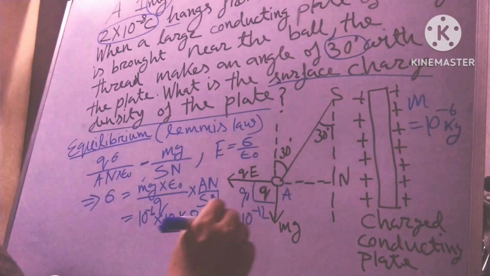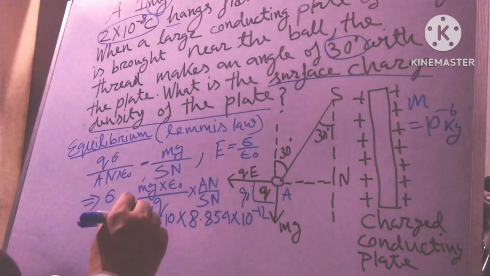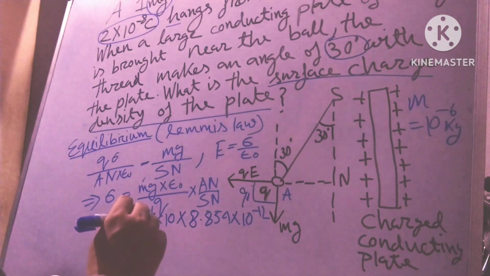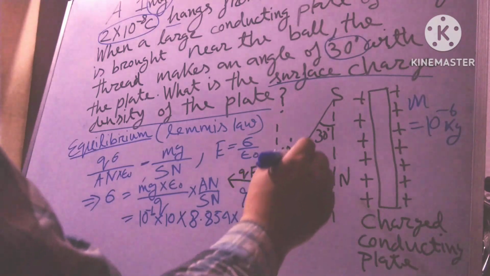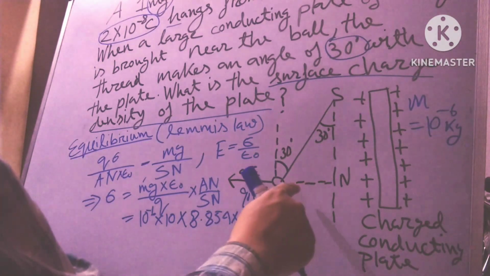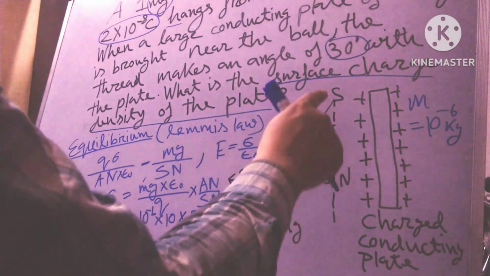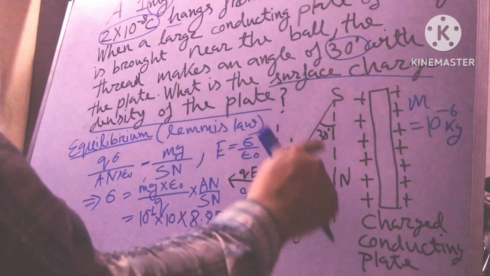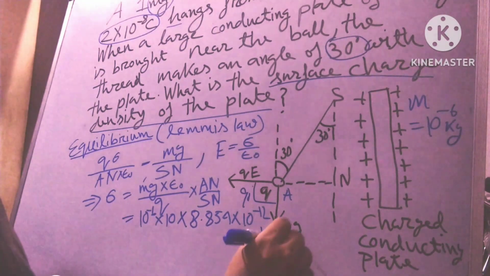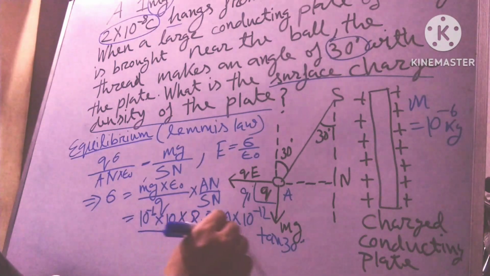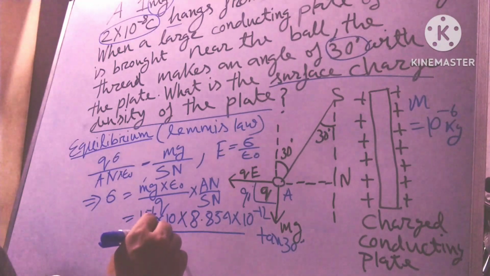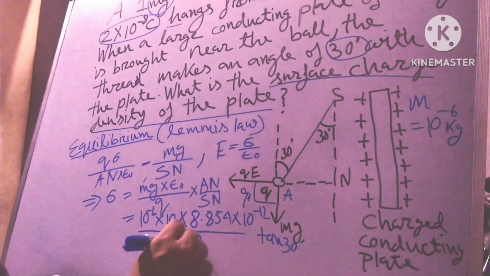This is my absolute permittivity value, and cos θ divided by sin θ is equal to cot θ, perpendicular by base, which is tan 30 degrees, divided by q. The q value is already given, 2 × 10^-8.